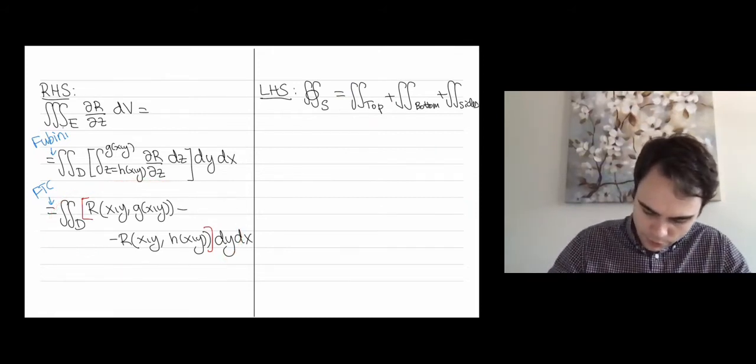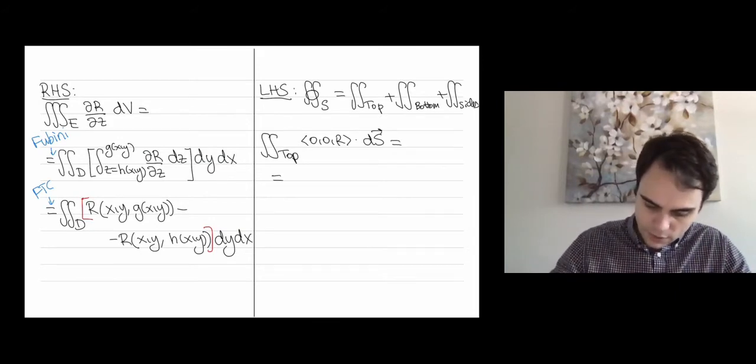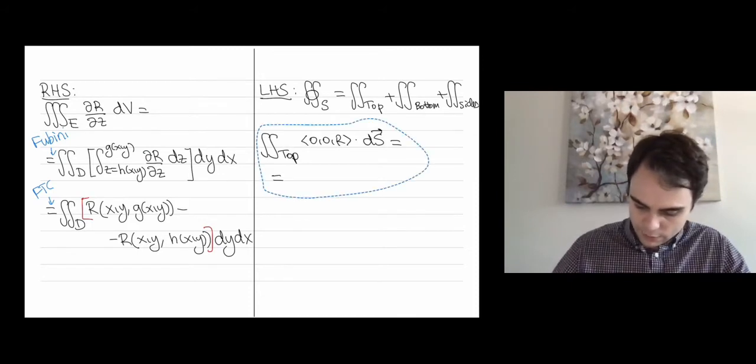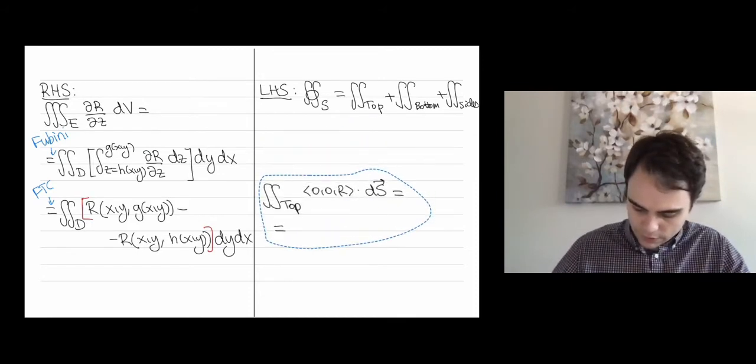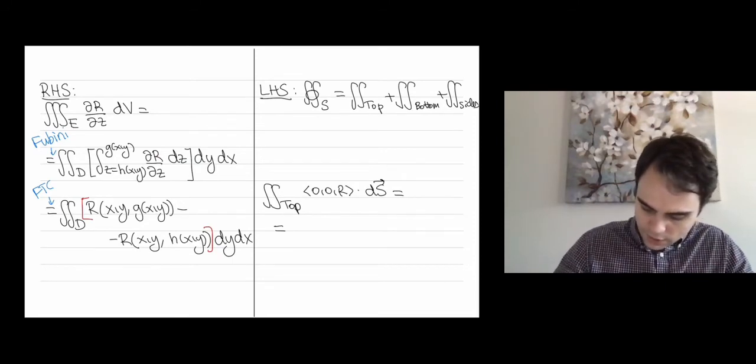So the double integral over the top of our vector field, (0, 0, r) dot dS. So that's going to be what? Okay, we need to parameterize the top.